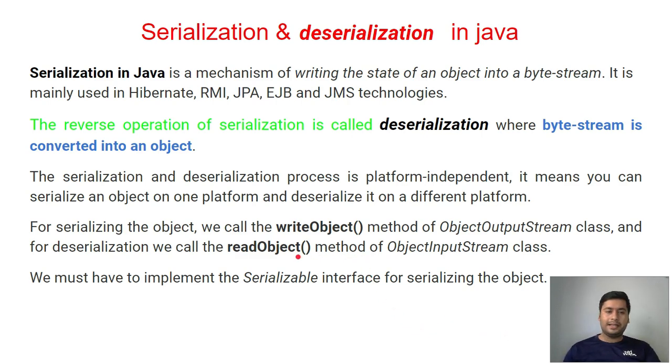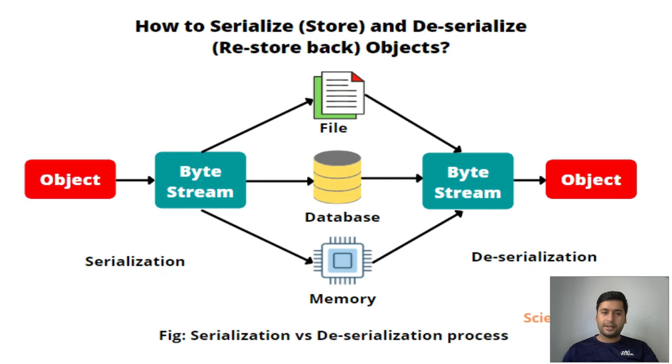It's very important; the interviewer will definitely ask you, so please remember the definitions of the process of serialization and the process of deserialization. Here is a figure showing how to serialize, store, and deserialize, restoring back into the object.